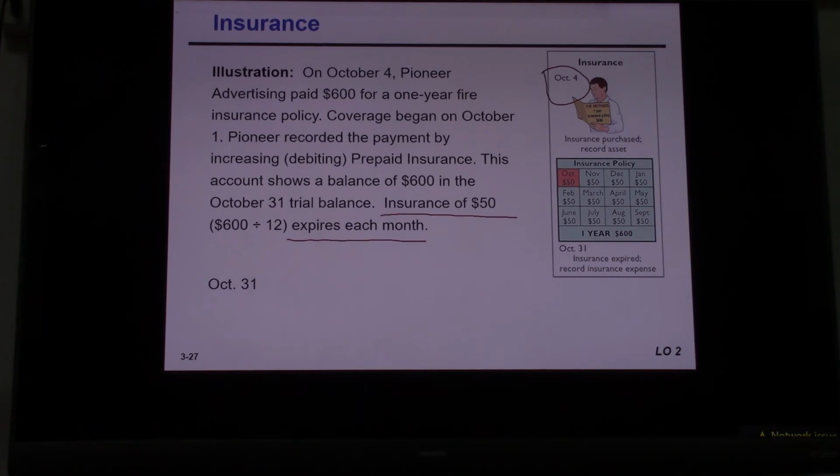So now we can recognize insurance as an expense. On October 31st, we should debit insurance expense because 1 month of insurance has expired, and at the same time we should decrease assets. Prepaid insurance will be decreased by the same value of $50.